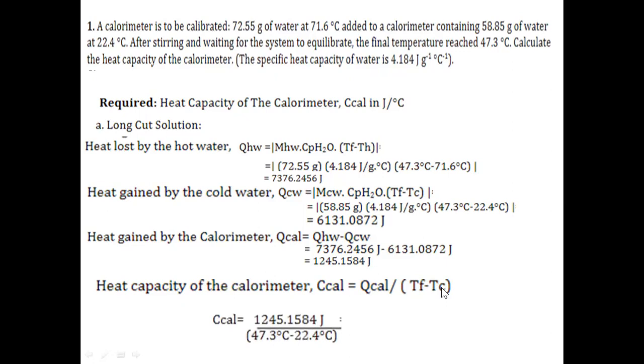Ccal, or the heat capacity of the calorimeter, is equal to the amount we have subtracted earlier, which is 1,245.1584 joules divided by 47.3 degrees Celsius, our mixing temperature, minus the initial temperature inside the calorimeter, which is the cold water, at 22.4 degrees Celsius. This gives us the answer of 50 joules per degree Celsius.